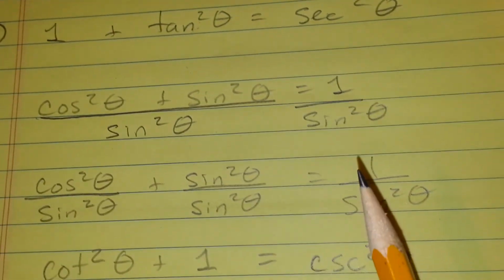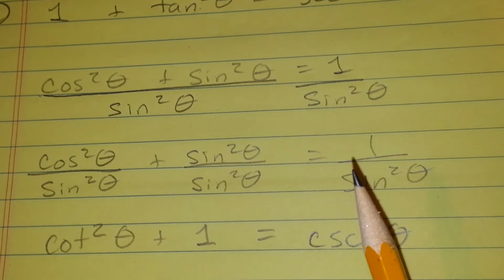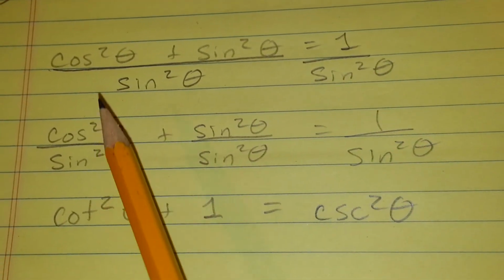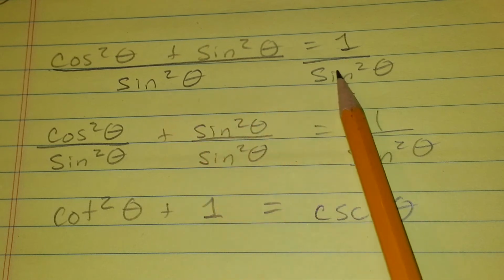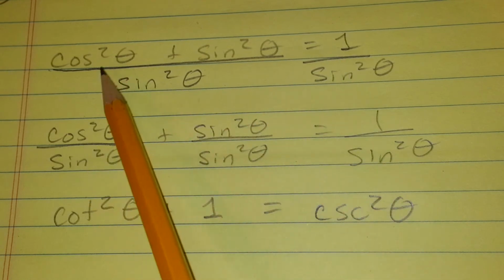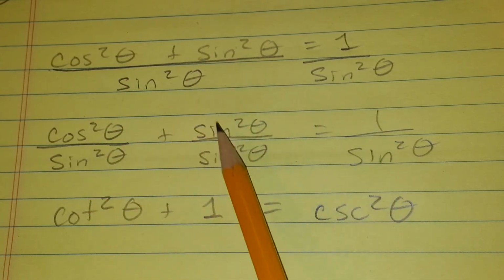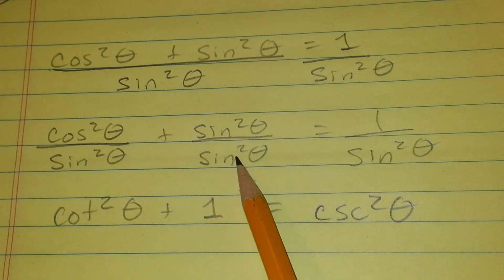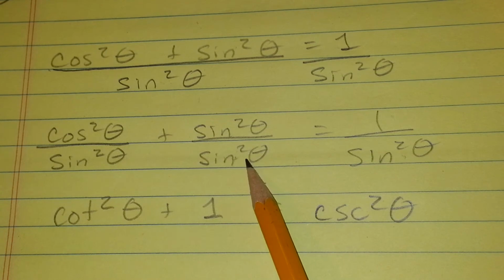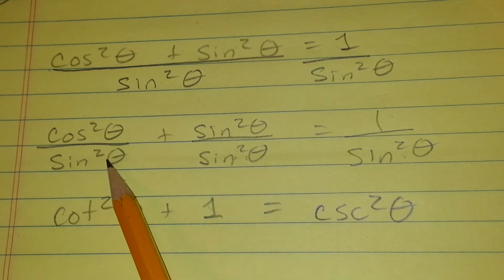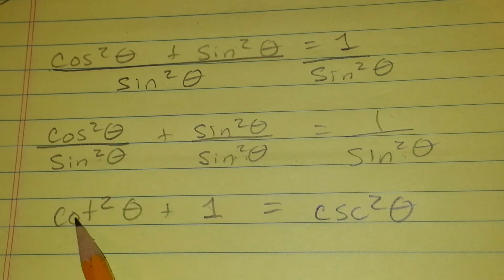Let's do it again, but now let's divide both sides by sine squared theta. Cosine squared plus sine squared equals 1. Here are my new fractions: this over sine squared theta, this over sine squared theta, equals 1 over sine squared theta. Sine squared theta over sine squared theta is 1. This cosine over sine is cotangent, so that's cotangent squared.